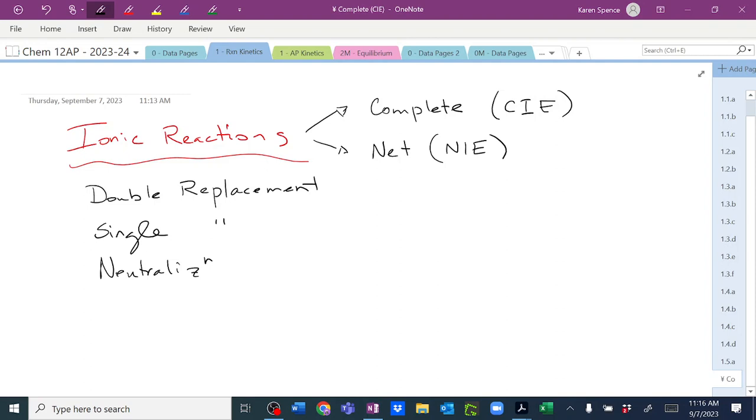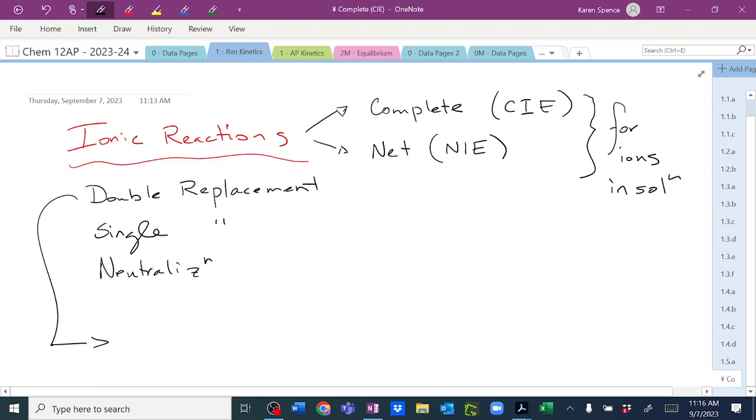When we're doing an ionic equation, it's when we have ions floating around in solution. So these are used for ions in solution. So let's try a double replacement reaction. And in fact, you guys could pull out your pink data sheet.